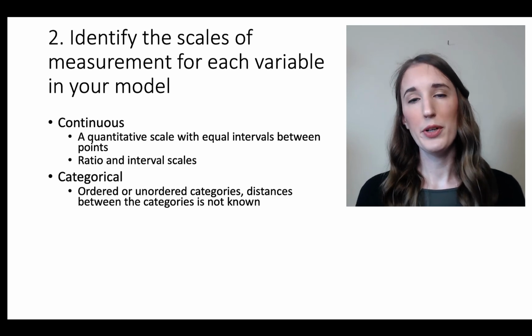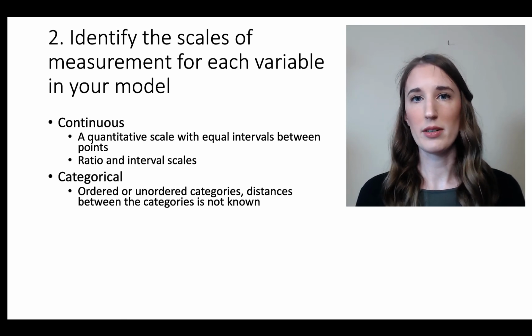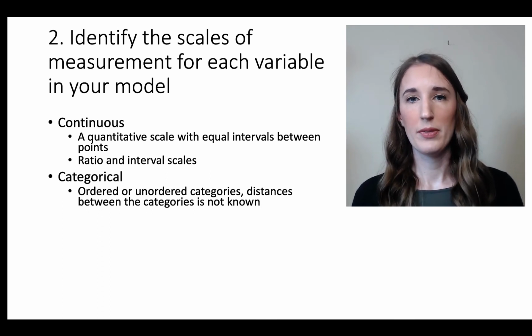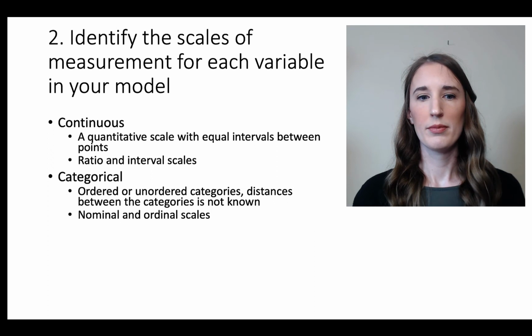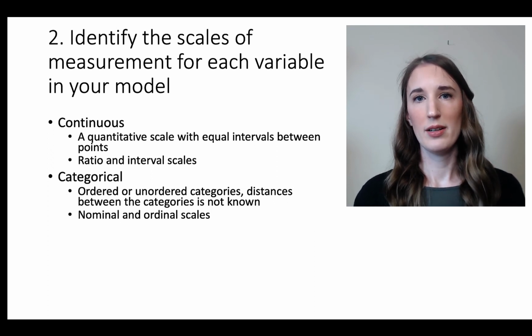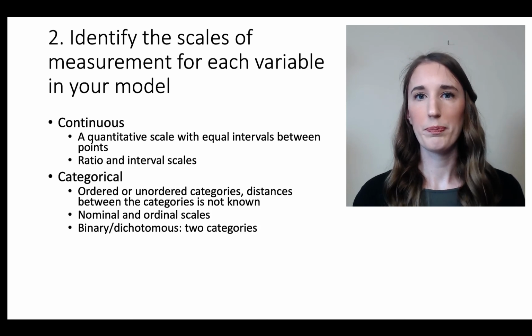So, for example, you might have 3 different experimental conditions that you want to compare, such as a control condition, intervention A, and intervention B. These are 3 different categories, but there's not a clear distance between them. These are either nominal or ordinal scales. Nominal is the instance where the categories are unordered, and ordinal is the instance where the categories are ordered.